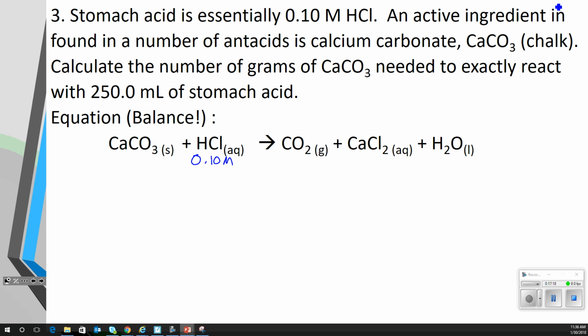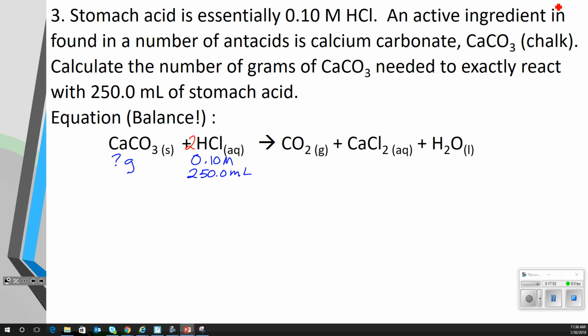Okay, calculate the number of grams needed to exactly react with 250 milliliters of stomach acid. And then it says equation, balance. Oh, it's not balanced? What do I need to do to balance it? 2 in front of the HCl? Is that it? I heard that's it from the rest of you. Okay, we're going to go with it then.